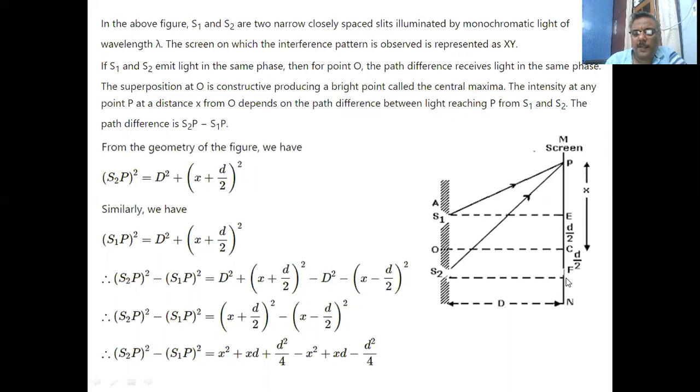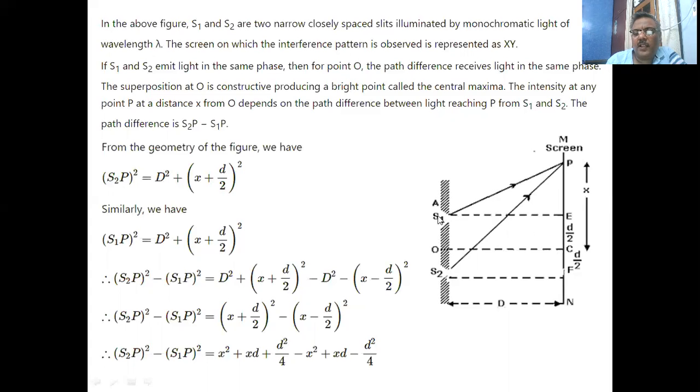We apply Pythagoras theorem. S2P square is equal to D square, where capital D is the distance from the slits to the screen, plus x plus d by 2 whole square. So this distance is x plus d by 2, like I explained earlier.